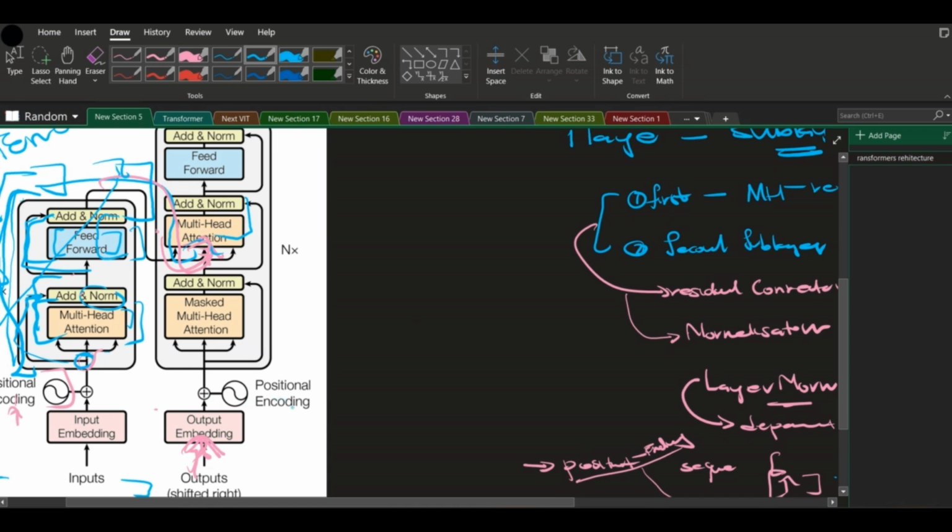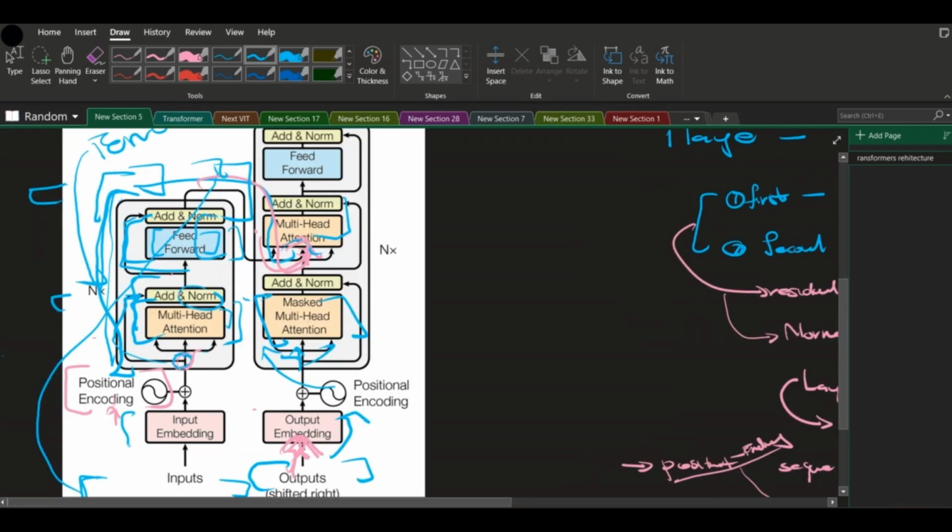The first sublayer of the decoder receives the previous output of the decoder, augmented with positional information. We apply the positional encoding, and then we push these things into the multi-head attention, which is the first sublayer. So what's the difference with the encoder?